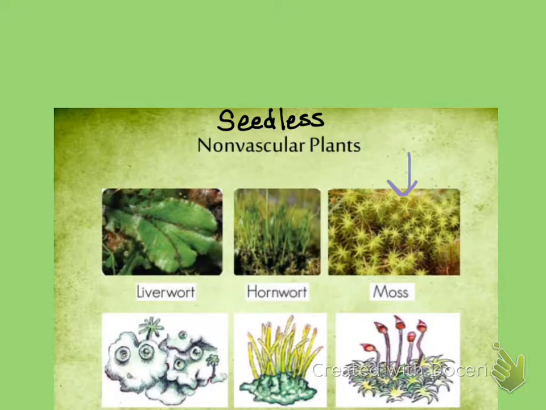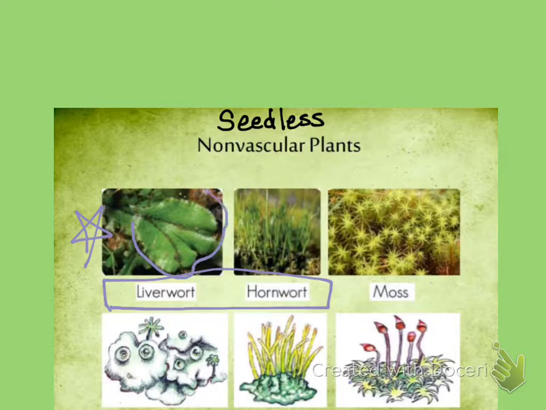The next one that we're going to talk about is going to be the liverwort and the hornwort. These two are very similar. They are both non-vascular, they're both small, they live in damp environments. The liverwort, however, this one right here, can be leafy, and it could also be moss-like, and it has a broad, flattened shape.